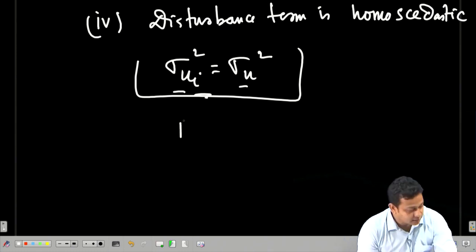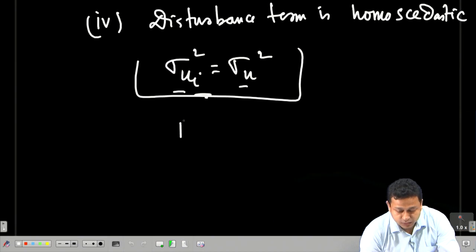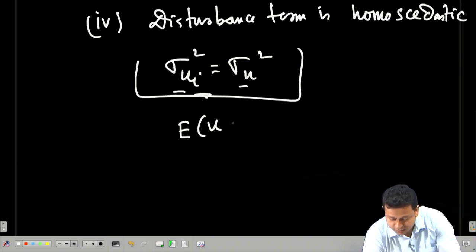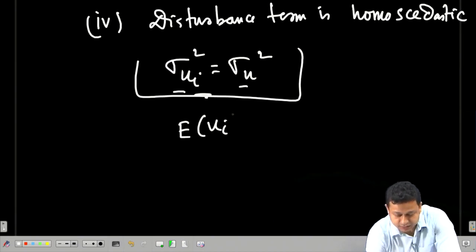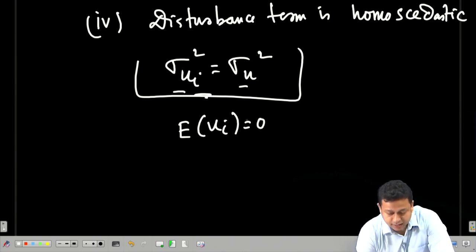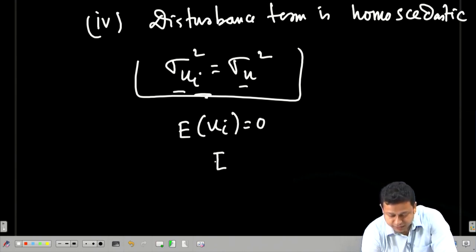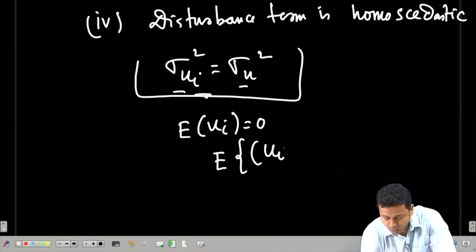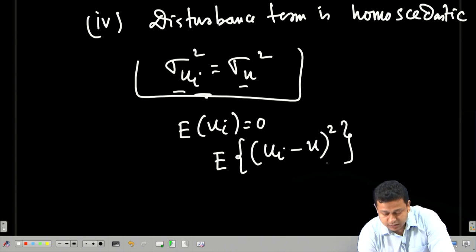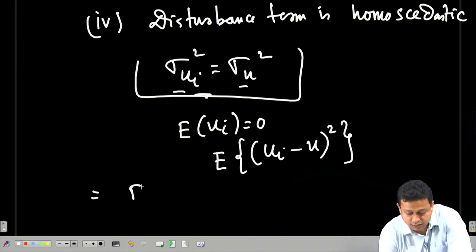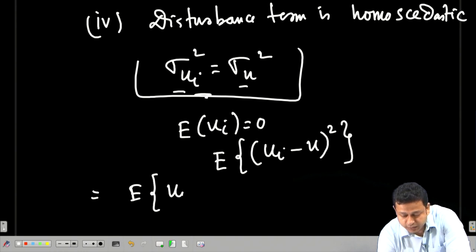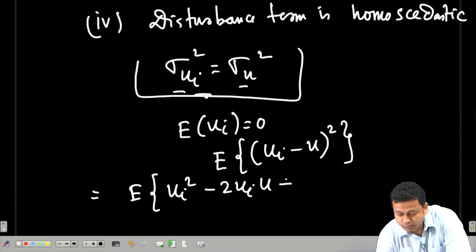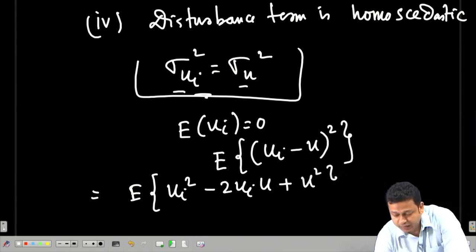From the previous condition, I know the expectation of the error term, expectation of ui, is equal to 0, and I can represent the variance as expectation of ui minus u square. If I write it out, it is expectation of ui square minus 2 ui u plus u square.